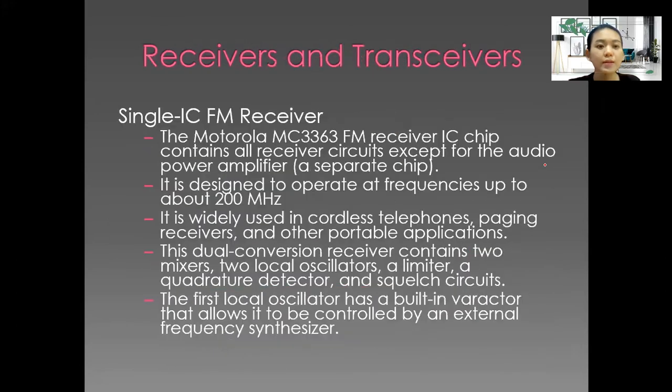Okay, now we continue with a single IF receiver. The most common that we have is the Motorola MC3363 FM receiver IC chip. It contains all the receiver circuits except for the audio power amplifier. The audio power amplifier is a separate chip and is designed to operate at frequencies up to 200 megahertz.